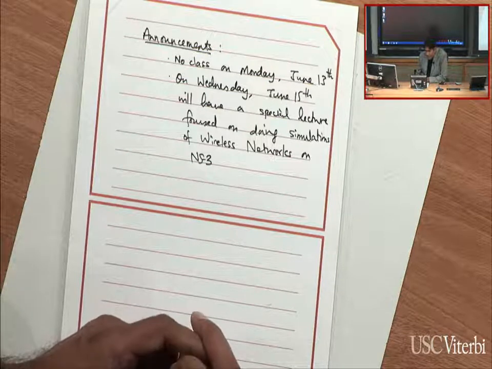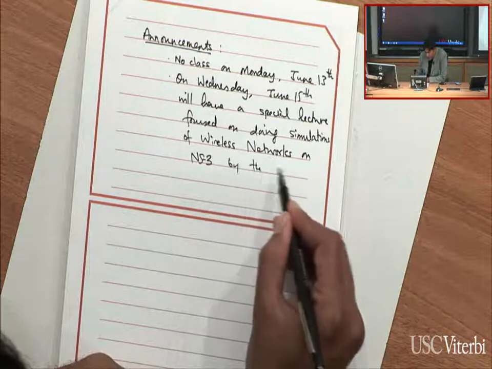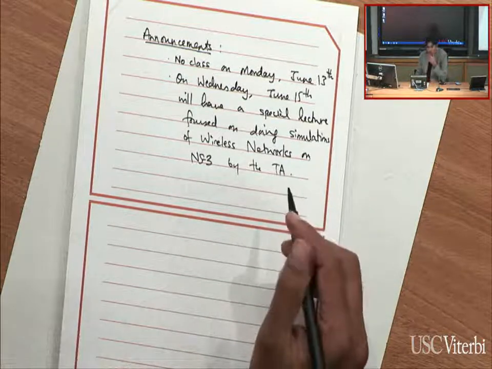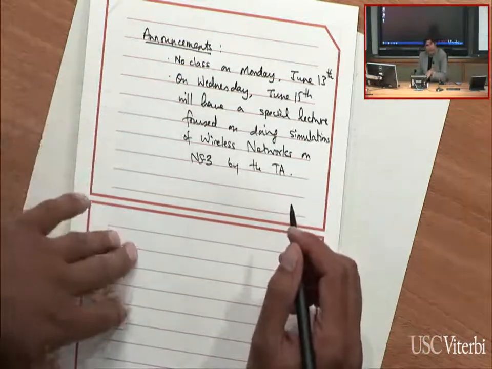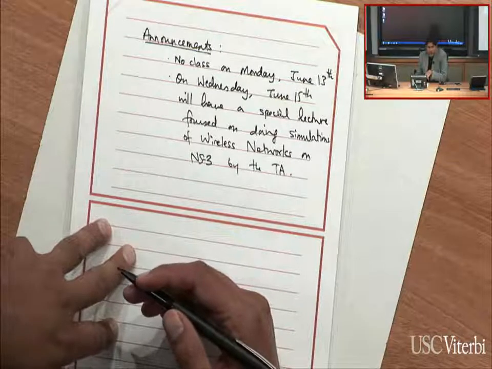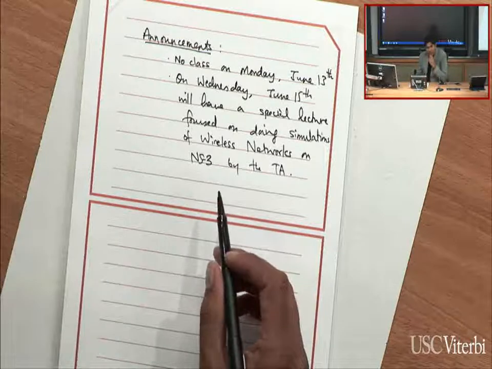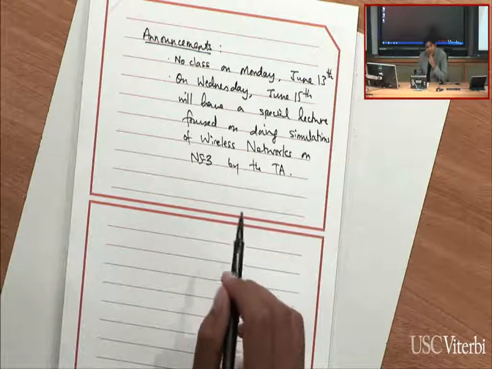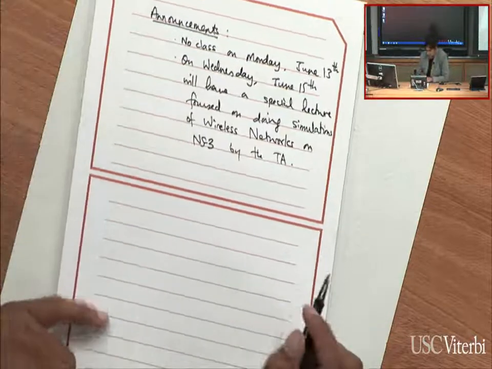This particular lecture next week, which will be conducted by our TA, Young Long, will be specifically about simulating 802.11, a MAC protocol. And then in class, we're going to cover either on Wednesday or the week after that, how to do mathematical analysis of 802.11, and you'll compare the math analysis with what you get with simulations.